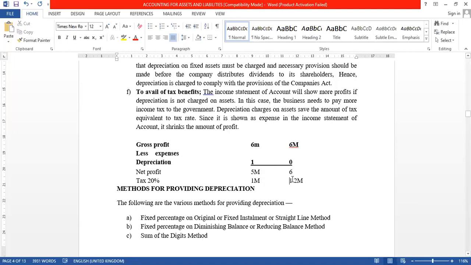And this you are paying to the government, which means if you charge depreciation the way you have charged it in the first column, you end up paying less to the government in form of taxes. But if you do not charge that depreciation, then you end up paying more to the government in form of tax. That is why I'm saying it is a benefit to you if you charge depreciation. I hope that is clear.